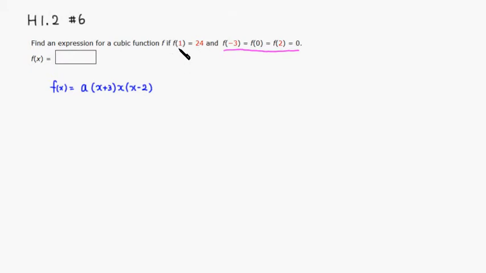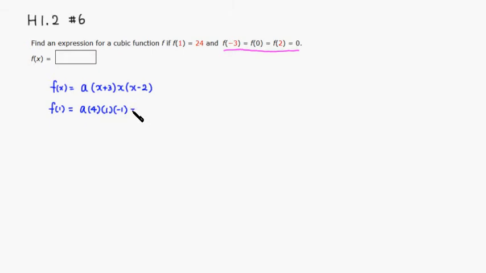So when x equals 1, the function value is 24. Let's plug in 1. So f of 1 is equal to a times 4 times 1 times 1 minus 2, so it's negative 1.